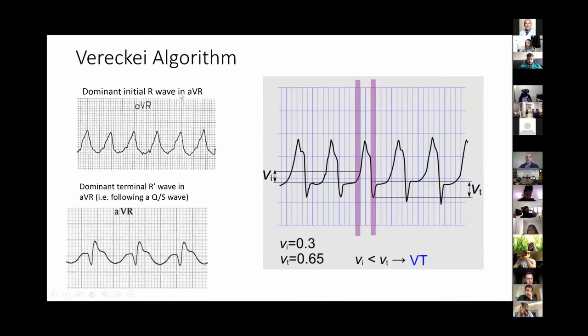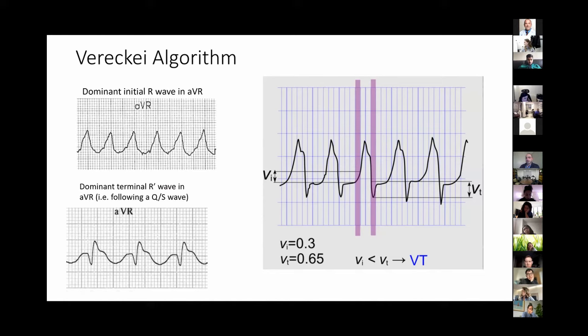And then one also pretty useful thing to look for, that can easily be identified, is one other algorithm: particularly if in the aVR lead you see a very dominant R wave without anything else, it's highly suggestive of VT.